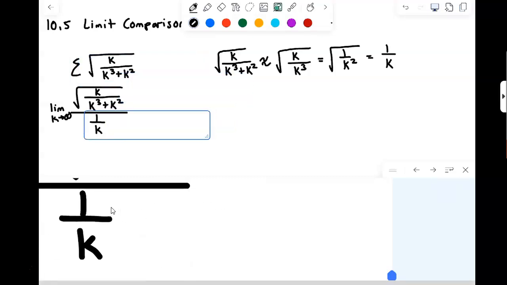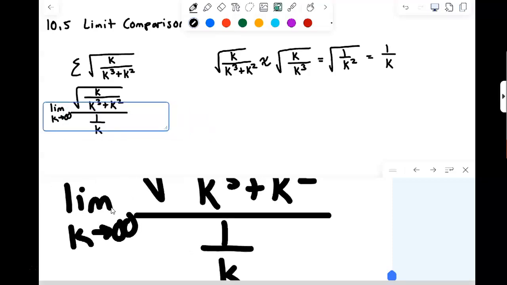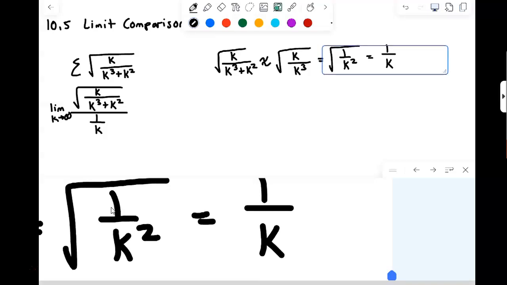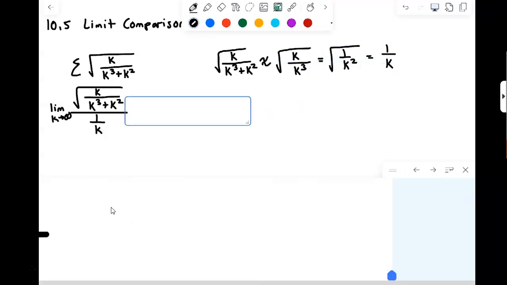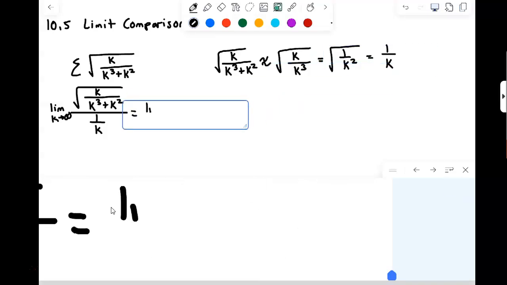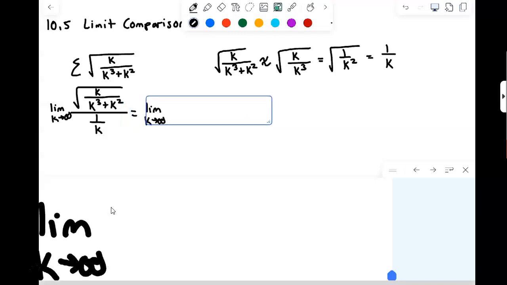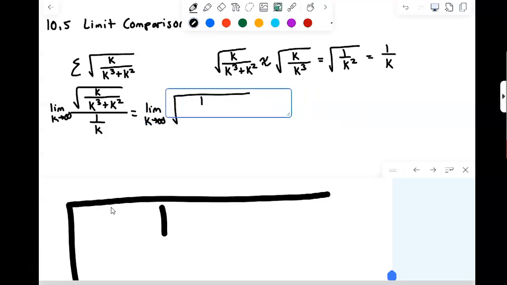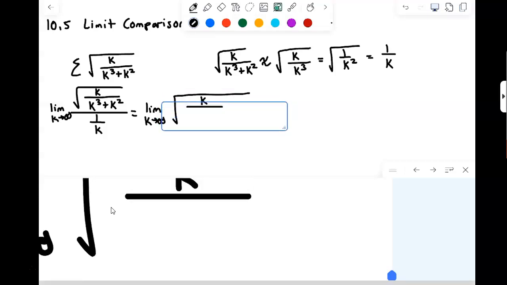So here's how I'm going to accomplish that. I'm going to remember that 1 over k, as k gets really, really big, is the same as the square root of 1 over k squared. So this would be the limit, as k goes to infinity, of the square root of k over k cubed plus k squared.